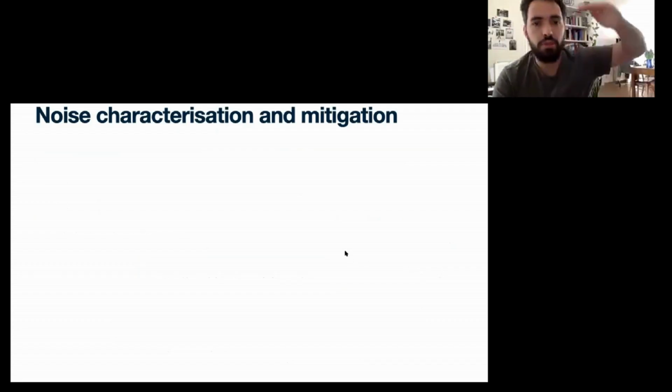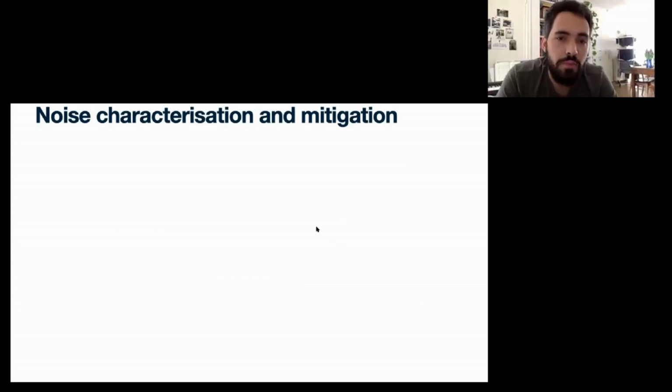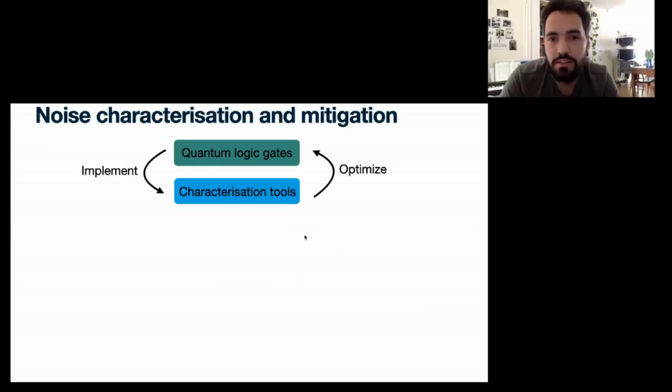So maybe really below at the physics level, the people that use characterization tools are the experimentalists themselves. They're the people that are trying to make better qubits, better quantum logic gates, and they have their own little feedback loop with characterization tools. I'm going to give specific examples later, but for now, keep this abstract idea in your head.